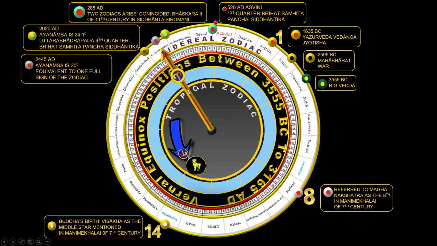That means that Uttara Bhadrapada Nakshatra will be over. It will be coming to the area of Purva Bhadrapada. From this side, it is the beginning of Purva Bhadrapada in the retrograde. In 2445, we find it is 30 degrees complete, equivalent to one complete Rashi.